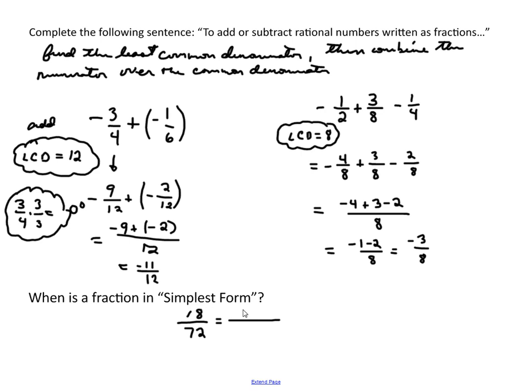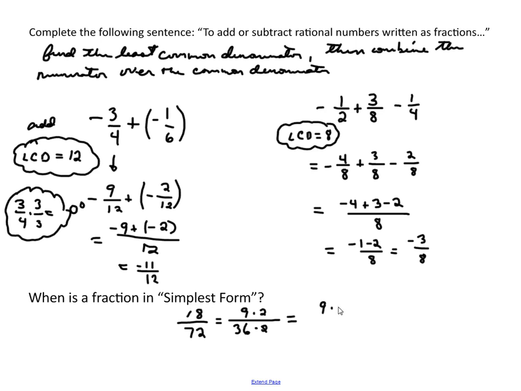We know that 18 is the same thing as 9 times 2. We ask, is 72 divisible by 2? Sure it is. 36 times 2 is the same thing as 72. But we might also note that 9 divides evenly into 36.